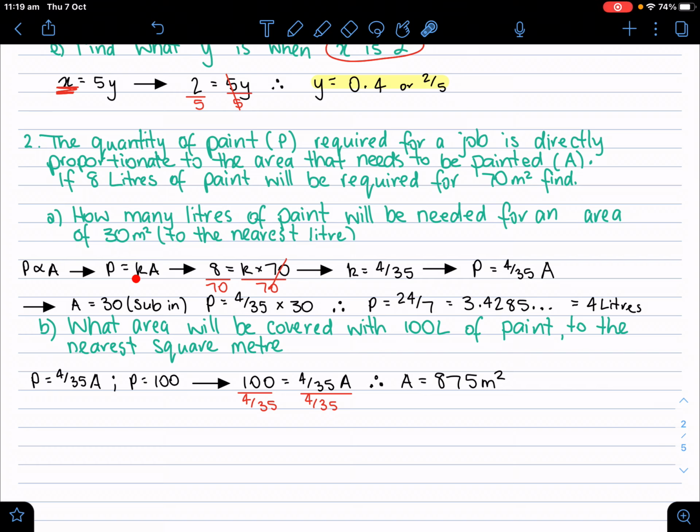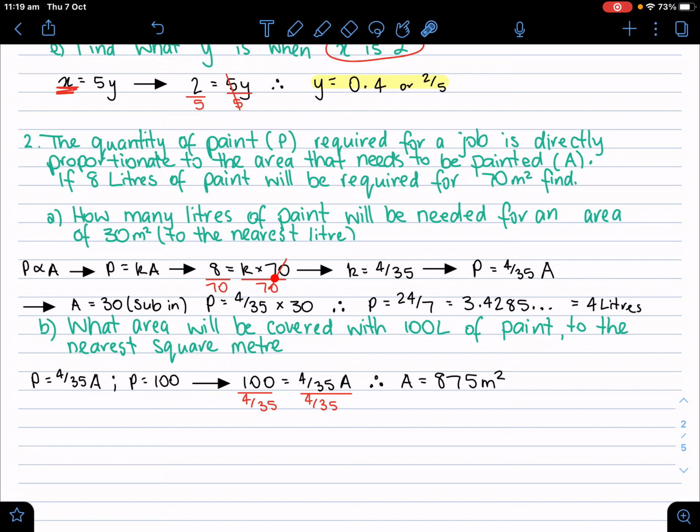Next step, substitute the values from the question. They've told me that P is 8 liters and area is 70. So I have 8 equals K times 70. Next step, find the value of the constant by getting K by itself. So there's a times 70 with that.